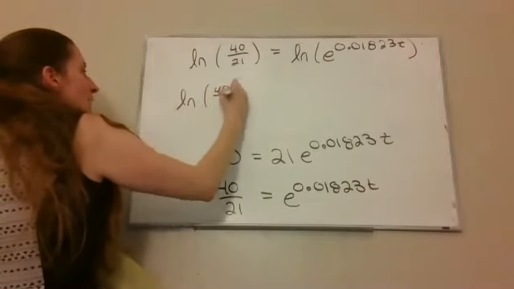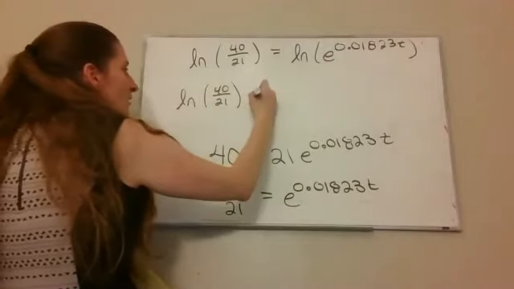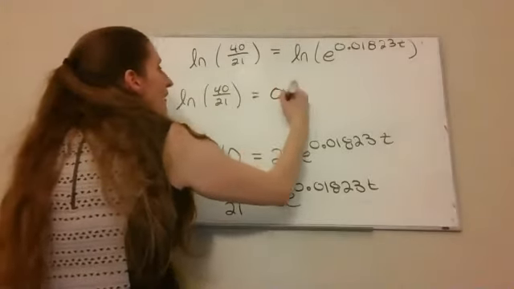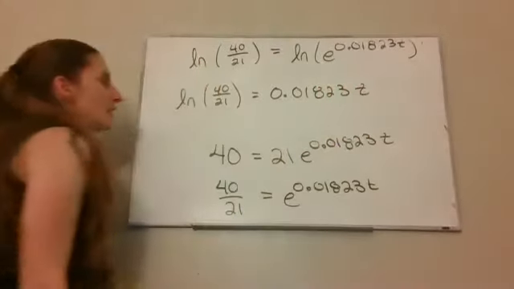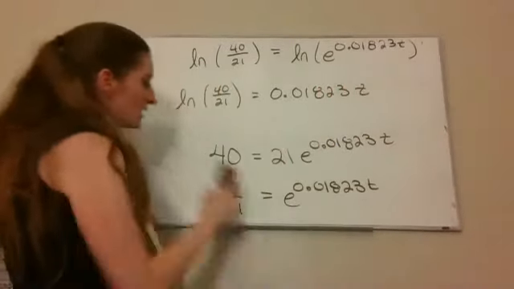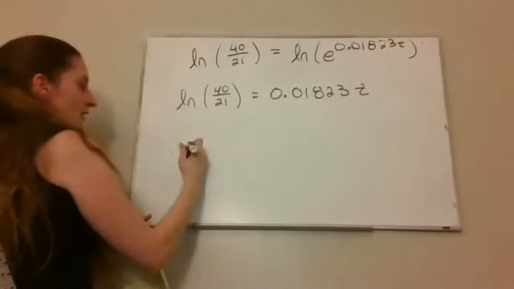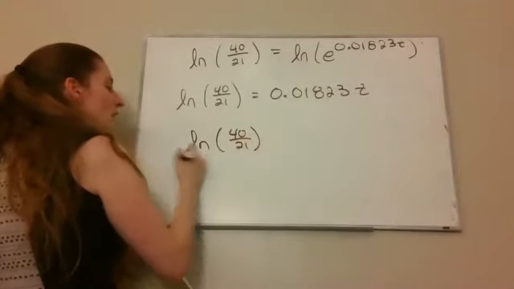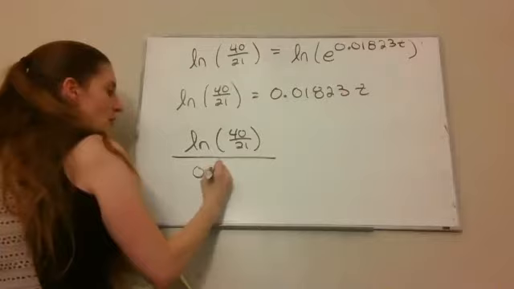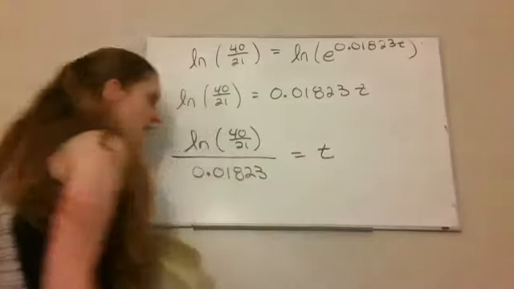The right-hand side simplifies because natural logs and exponentials with base e are inverses of each other. Now all I have to do to get t by itself is divide by that decimal. So I get natural log of 40 over 21 divided by 0.01823 is equal to t.